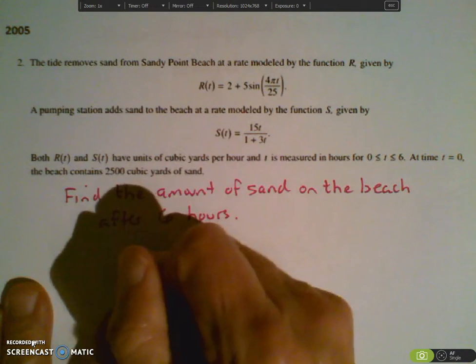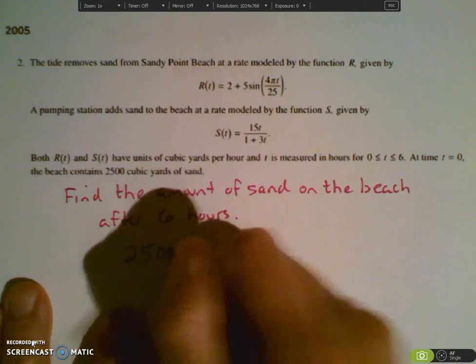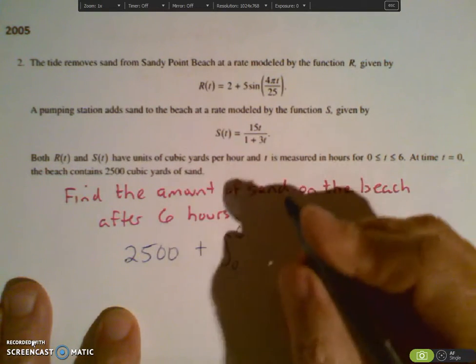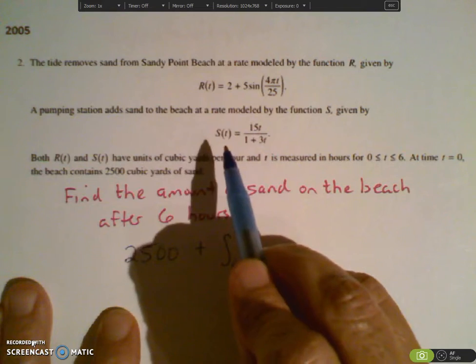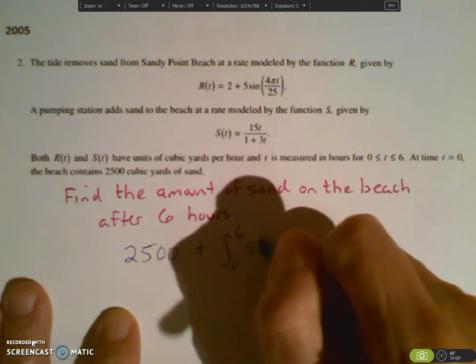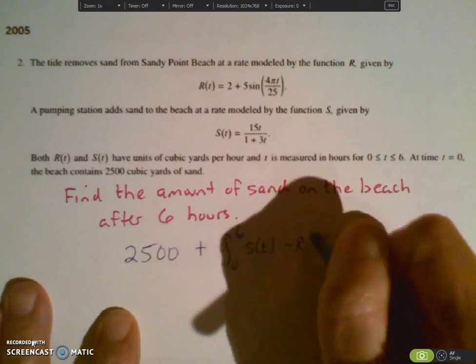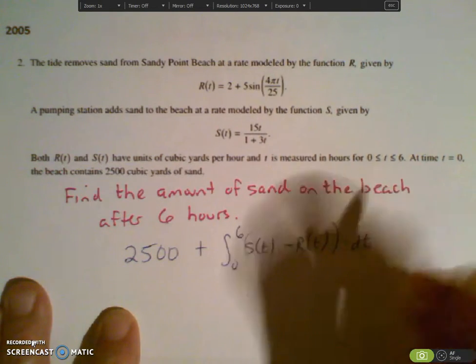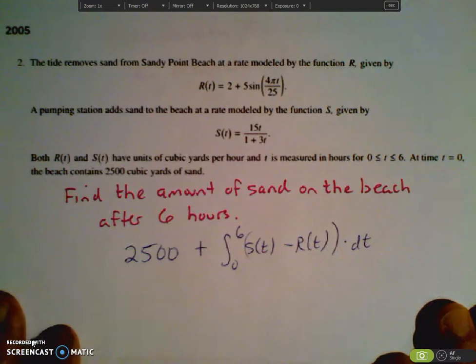So, I'm going to start off with 2,500, and then I'm going to add the integral from 0 to 6 of s of t minus r of t times dt. You should stop the video now and see if you can add in the units in the appropriate place.